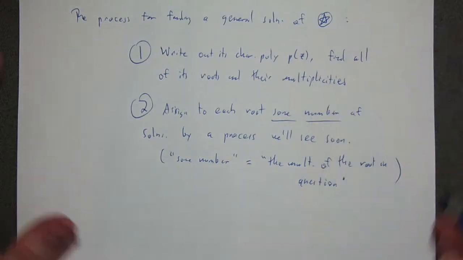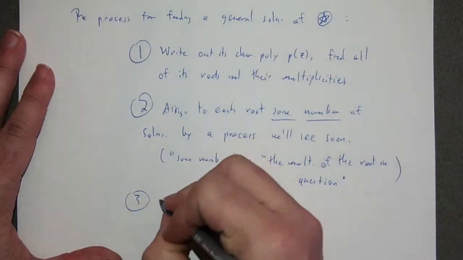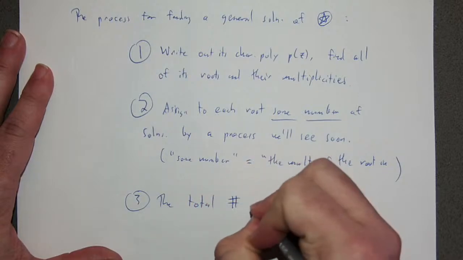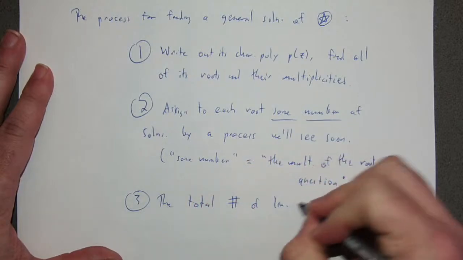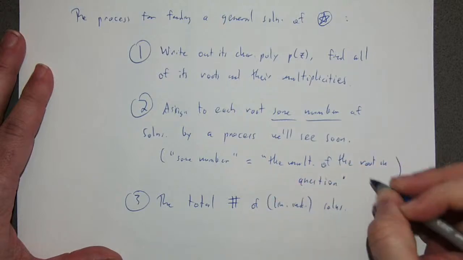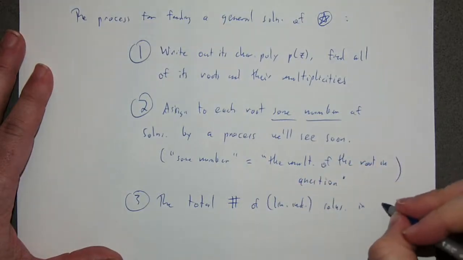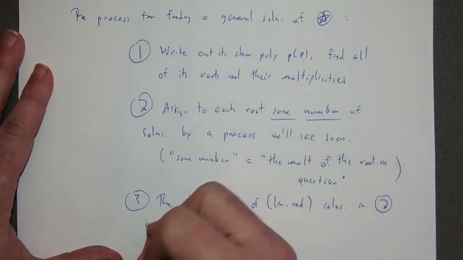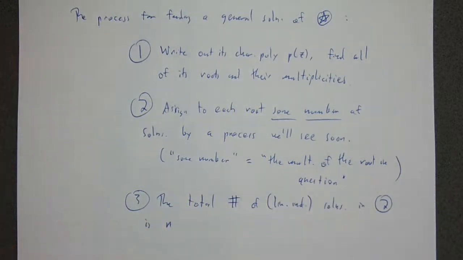So the total number of linearly independent solutions in part 2 is n. Well, now we know why it's n, right?